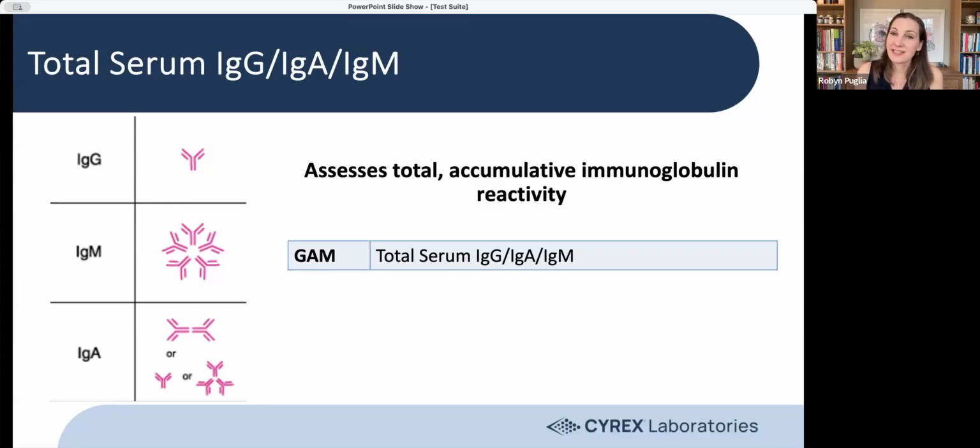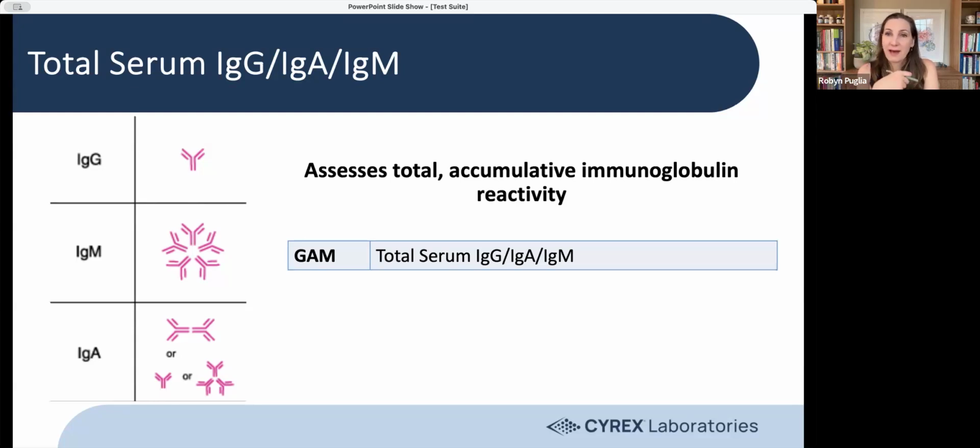And the reason that we want to do this assessment is because the majority of our tests and our test suite, we're using antibodies as a way of assessing the immune response. And so it's important to understand the context of those antibodies. This isn't just true for the Cyrex panels. Understanding whether or not somebody has elevated or low IgA, IgG, or IgM will help with appropriate assessment of any panel, conventional or functional, that relies on antibodies for the test results.